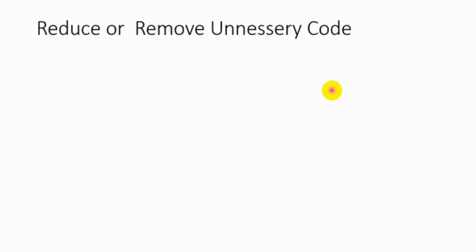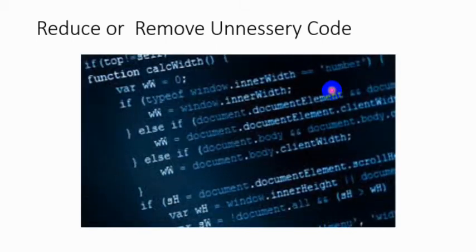Now we talk about the code. We remove the unnecessary code that we have not used. Somewhere we use code which is not used, or some dead code, or much code that does not appear in the output. We just eliminate it from the site.